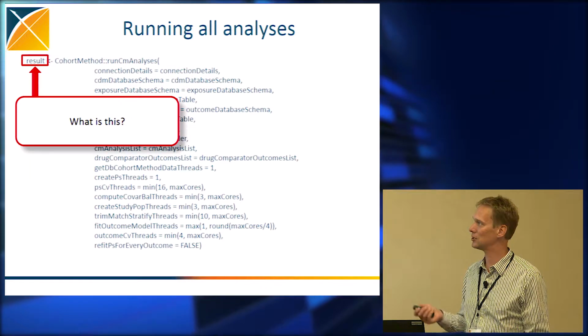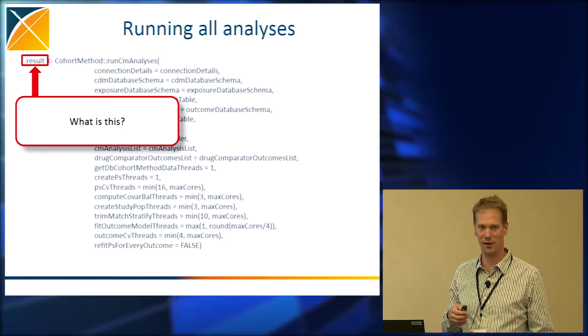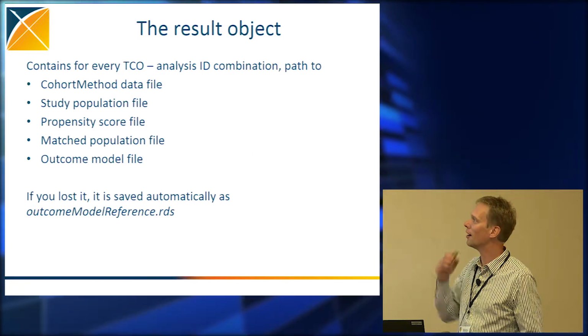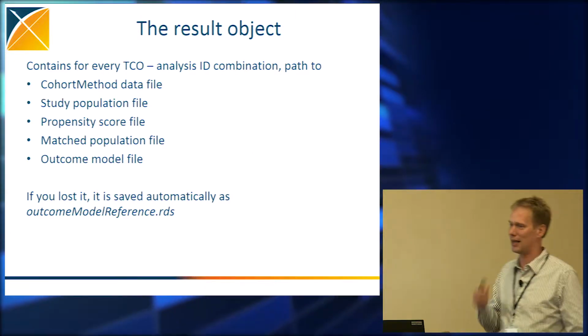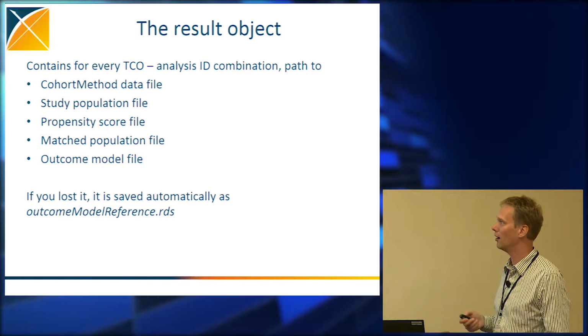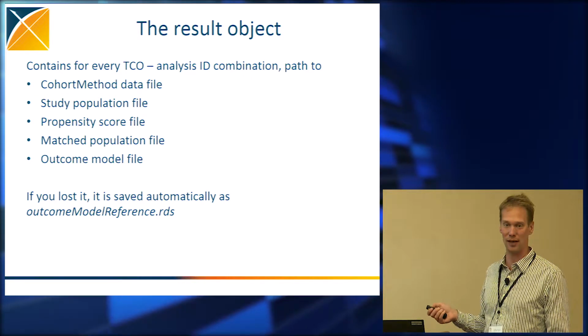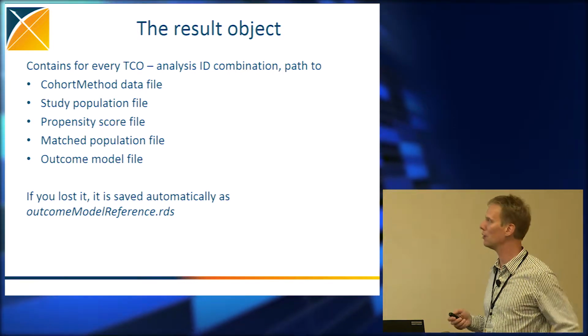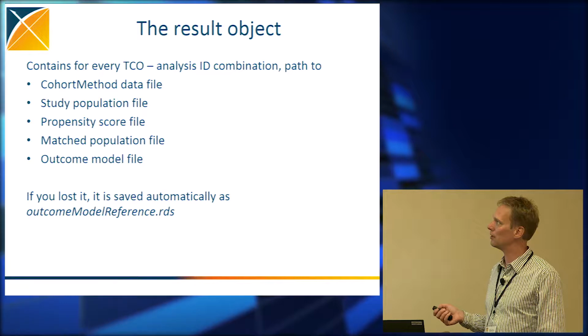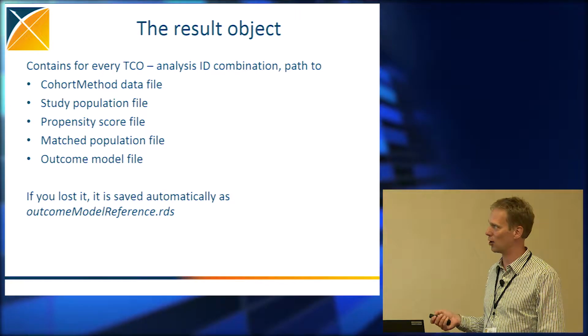All right, so what is this result object that comes out of it? Well, you might be disappointed to hear that it's not containing the results. It is basically a reference object that tells you where the results now are. So for every TCO analysis combination, which can be many or can be few, it gives you the path to the cohort method data file, the study population file, the propensity score file, the match population file, and the outcome model file.